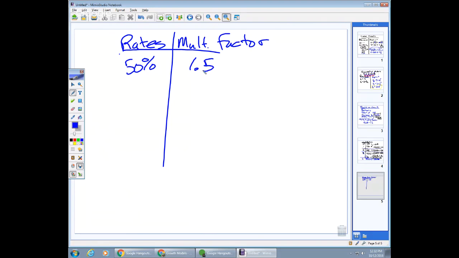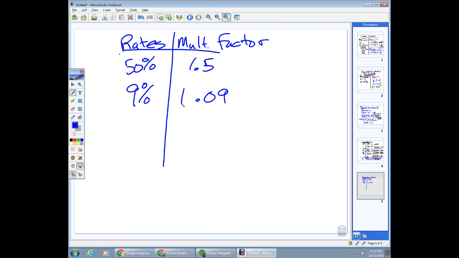Why 0.5? Because 50% is 0.5. Why the 1? Because we're always looking back at the original number, and the original number is always 100% of what you started with. Like AJ said, if it was 9%, well, 9% as a decimal is 0.09, so the multiplying factor must be 1.09.